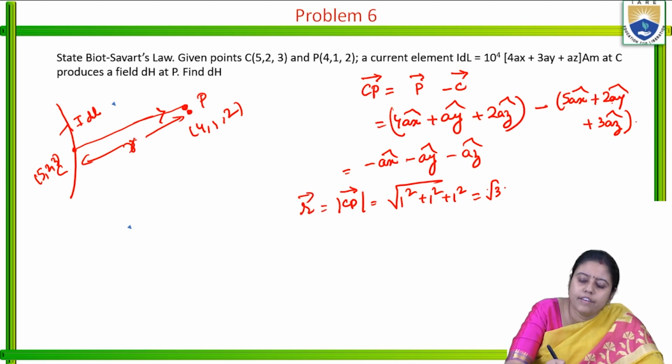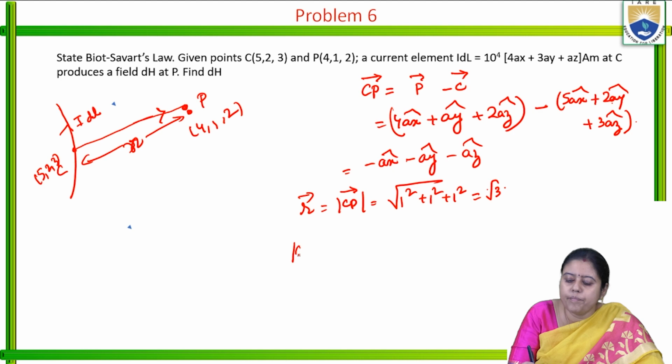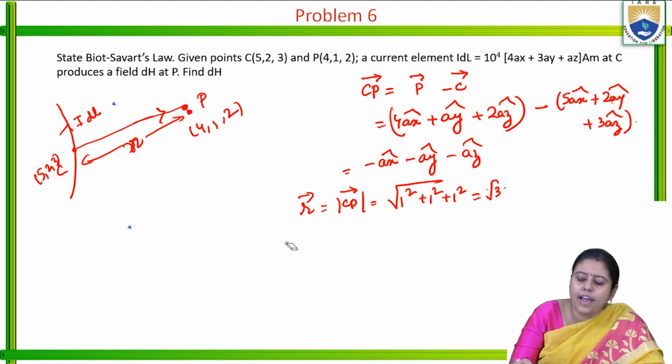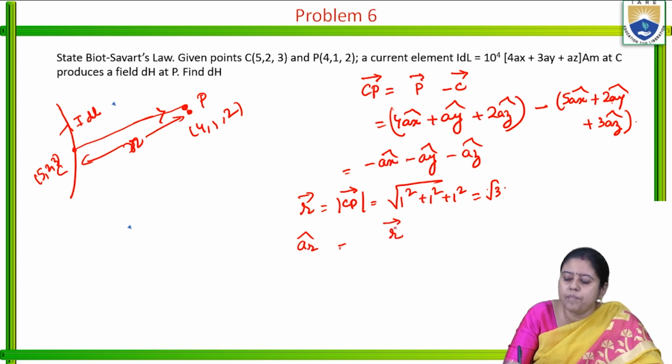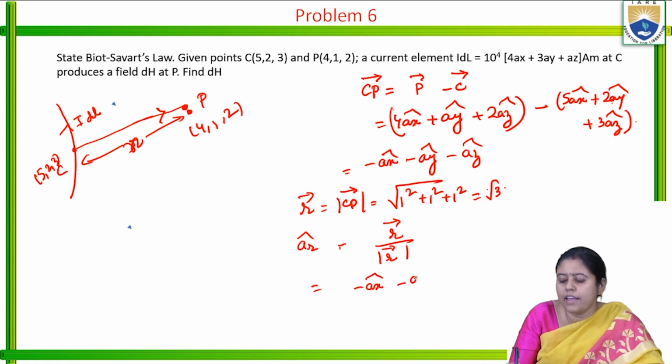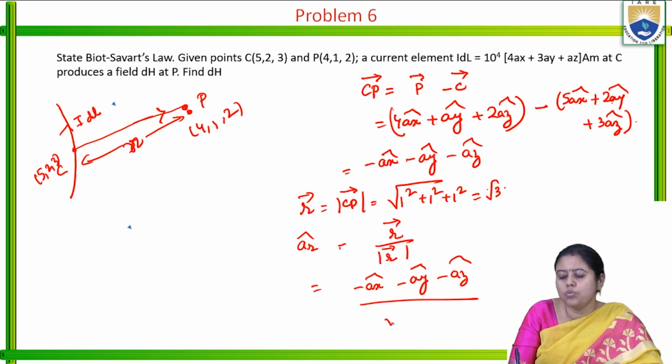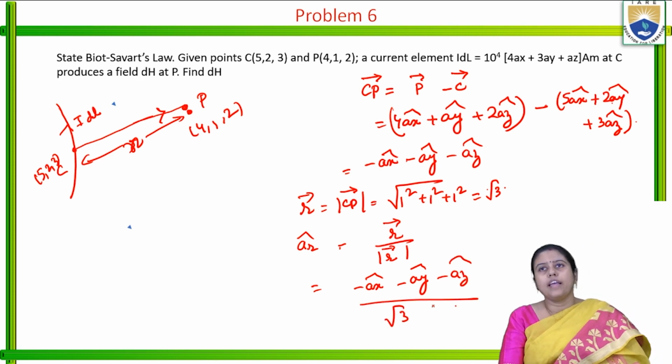So what is aR? aR means the unit vector. aR is R by mod of R. So R is minus ax minus ay minus az, by root 3. We got the aR. So this is the first part.